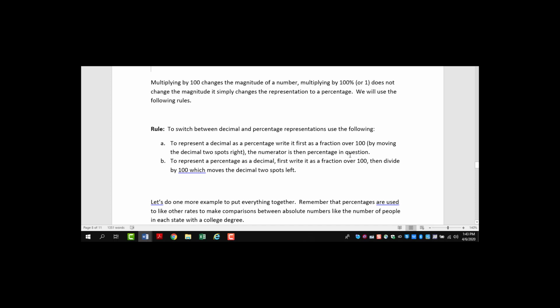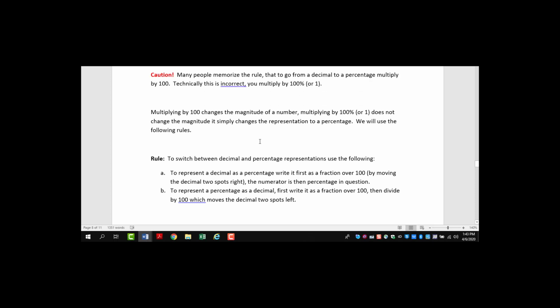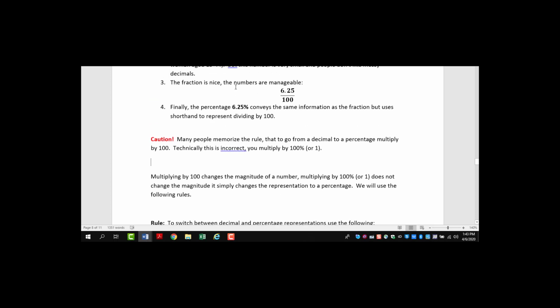The numerator is then the percentage in question. To change from a percentage to a decimal, first write it as a fraction over 100 and then divide by 100, which moves the decimal 2 spots to the left. So that's just how you go from a decimal to a percentage and from a percentage to a decimal.